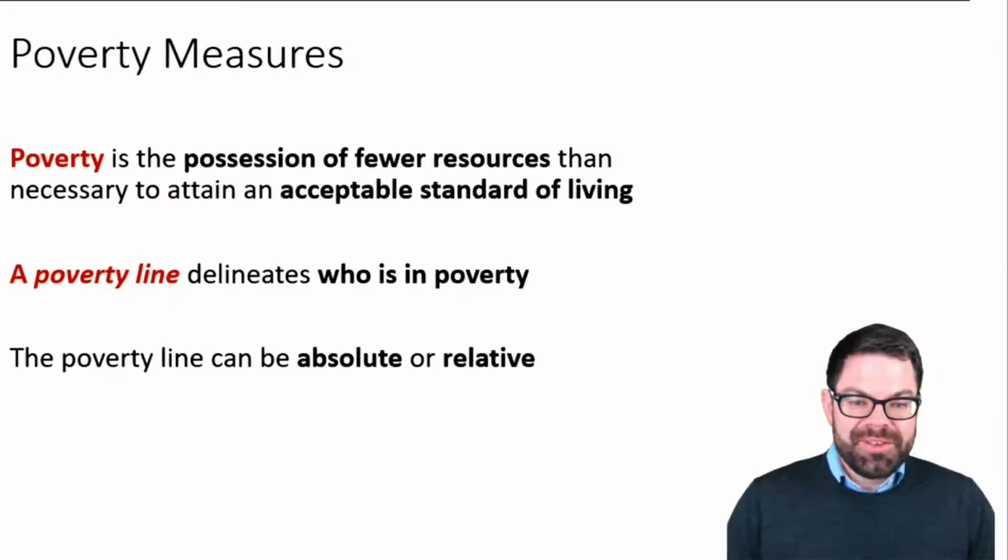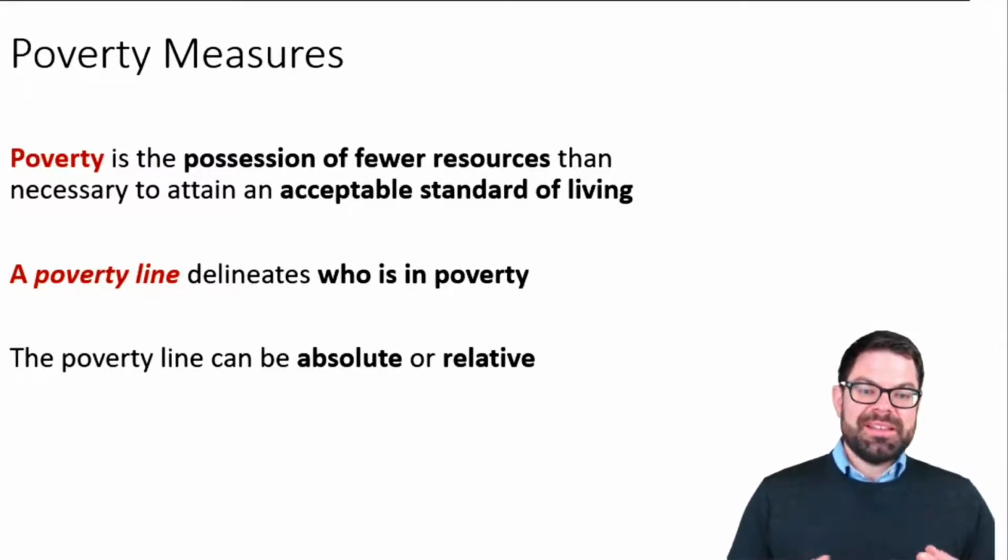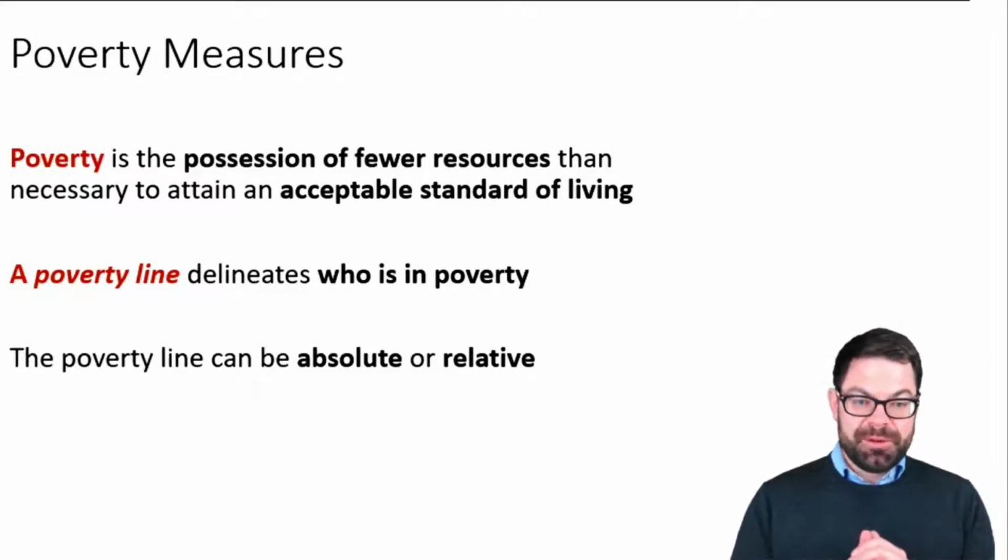The way it works is we draw a line and say this is the income that's needed for an acceptable standard. You can look at the World Bank or the UN website, what they currently have as the poverty line. Typically something like an income of $2 a day, which in poorer countries may be just about enough to have.